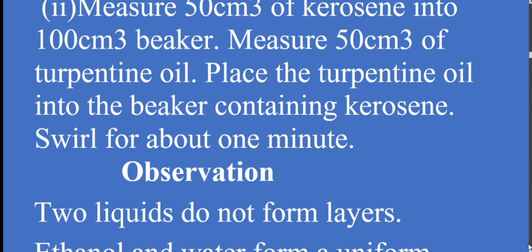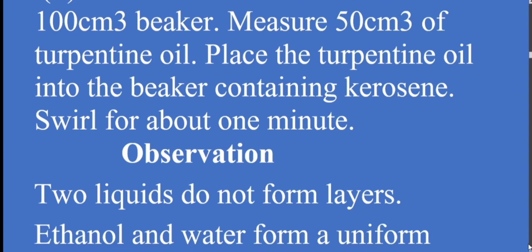Remember, for the first experiment, 50 cubic centimeters of water and 50 cubic centimeters of ethanol in one beaker. For the second experiment, 50 cubic centimeters of kerosene and 50 cubic centimeters of turpentine oil in one beaker. In each experiment we are swirling so that we allow them to mix.